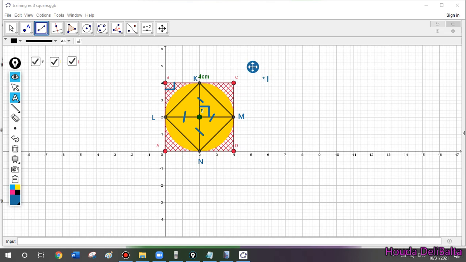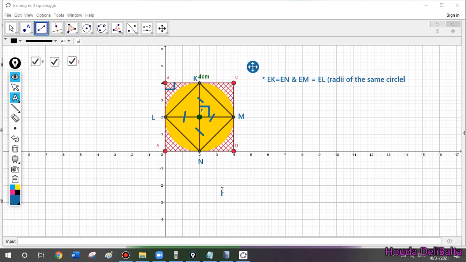First of all, we have to say that EK equals EN and EM equals EL, because they are radii of the same circle.